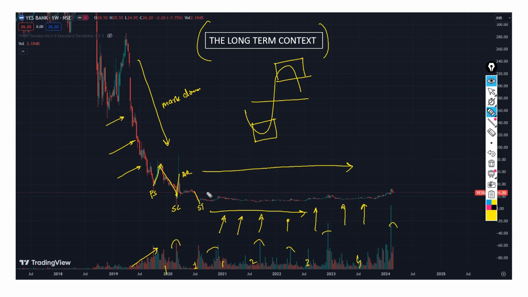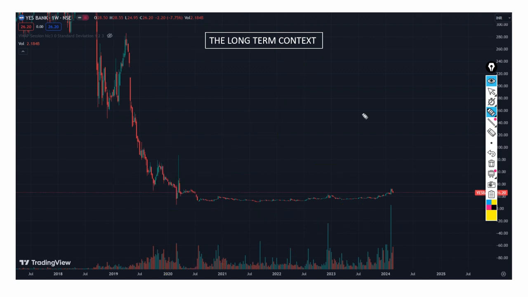Which means the stock is in accumulation. This is just a first glance from the long-term context point of view. Let's move on to the next slide.